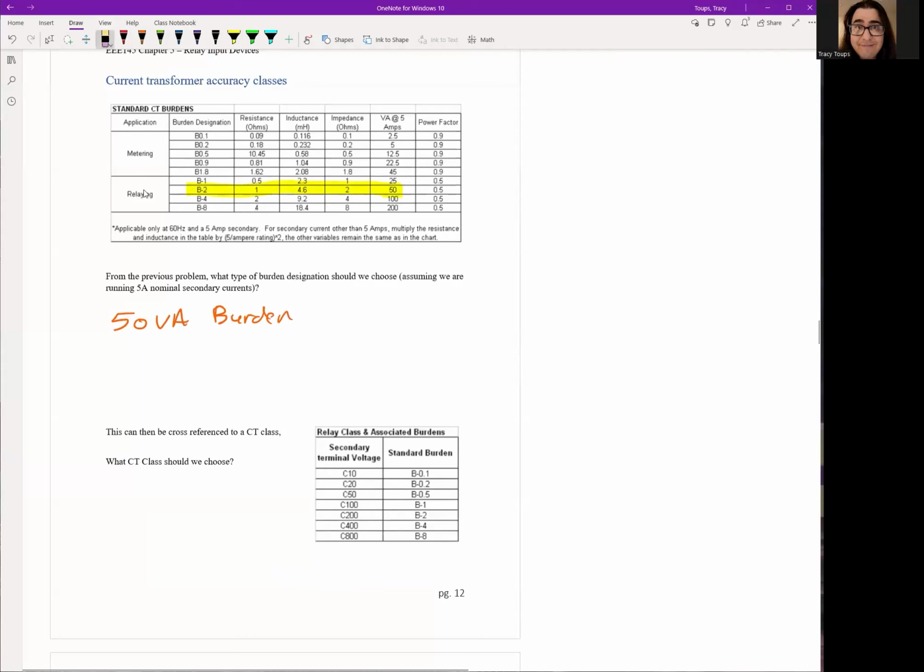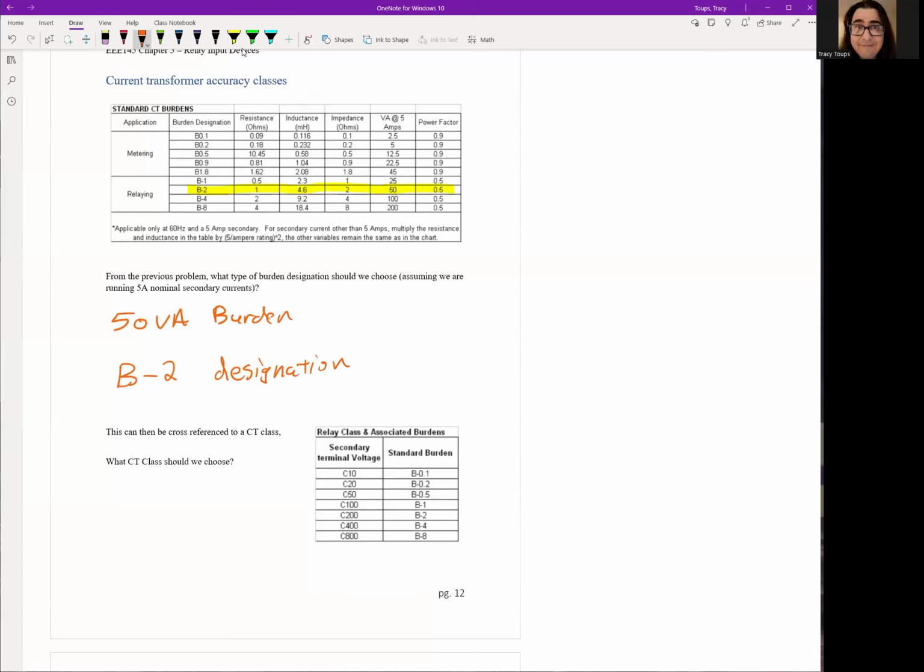That looks a little messy, let me see if I can make that a little bit thinner. Okay, so 50 right here. This is my B2 burden. So when I talk to a manufacturer, I could just say, I want a B2 relay. So B2 designation.